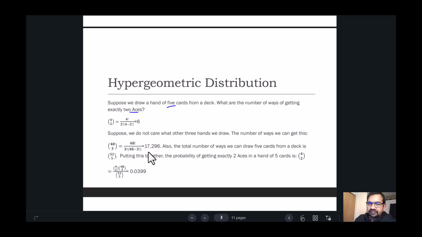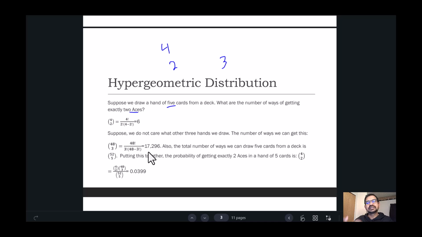If we are drawing a hand of 5, there are a total of 4 aces, and we want the probability of getting 2 aces out of those 4 aces. Since we are drawing a hand of 5, we are left with 3, and we don't care what those other 3 cards are.